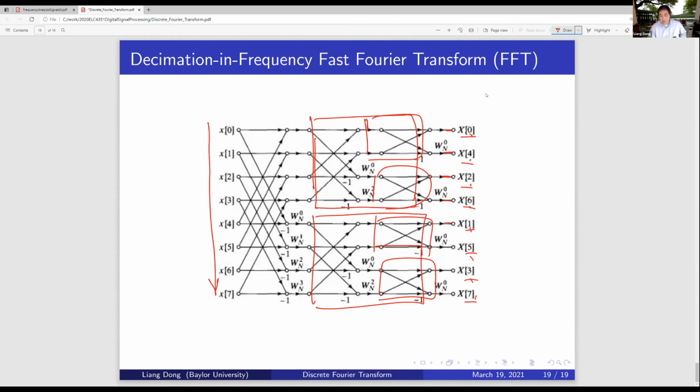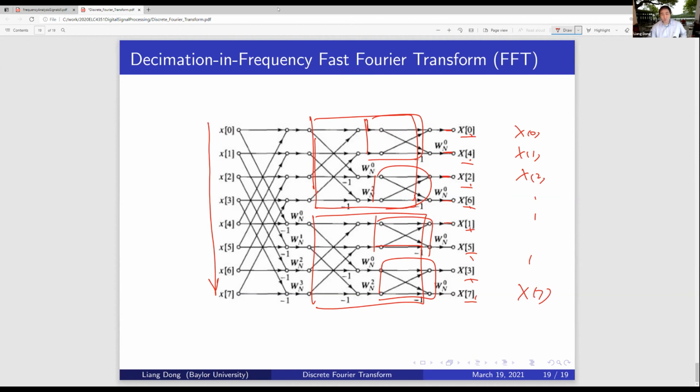We also have this plot, a butterfly plot, for the decimation in frequency. Of course, the last thing people want to ask is, what if I don't need to reorder time, and neither do I need to reorder frequency? Sure, we can do that. The order is still 0, 1, 2 to x7 in the frequency domain.